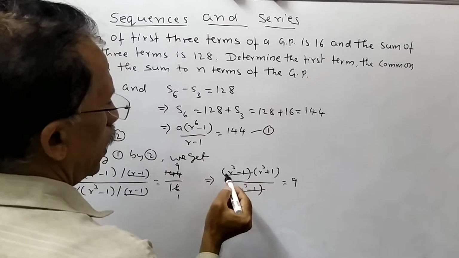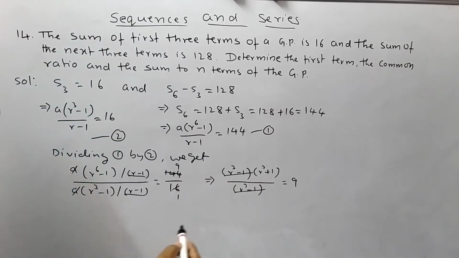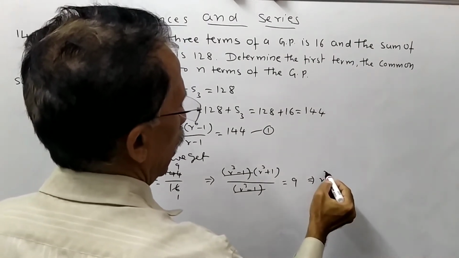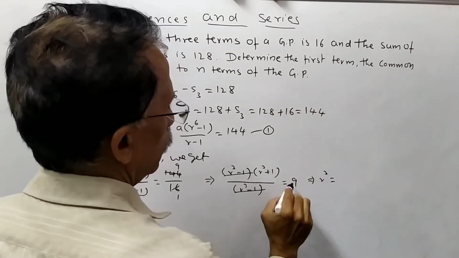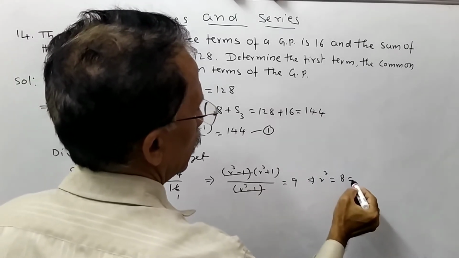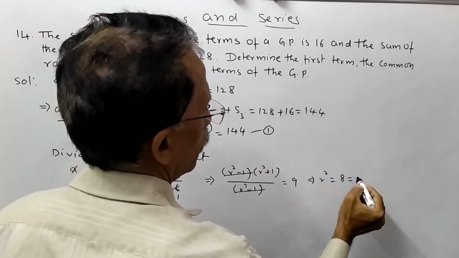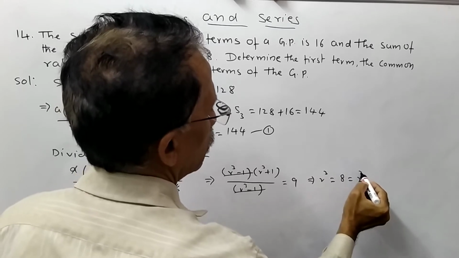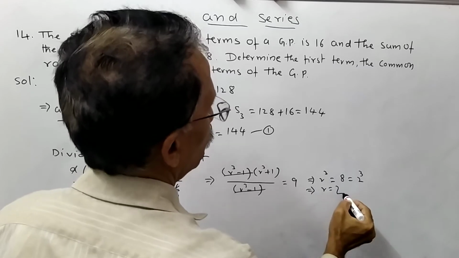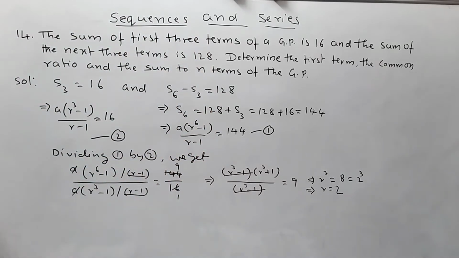R cube minus 1 and R cube minus 1 you can cancel. This implies R cube is equal to 9 minus 1, that is 8, which is nothing but 2 raised to the power 3. This implies R is equal to 2.